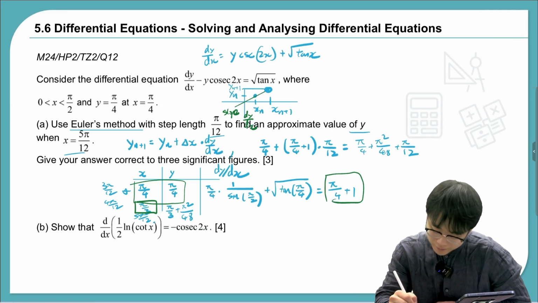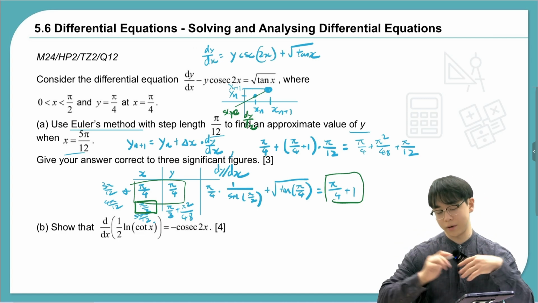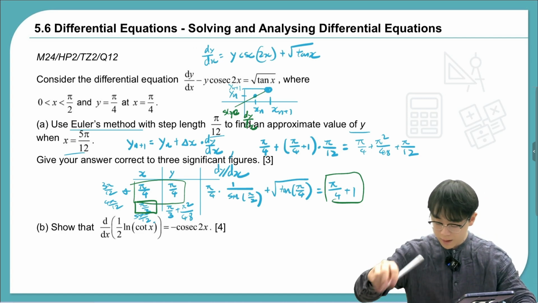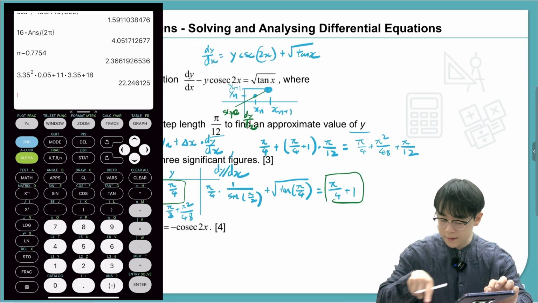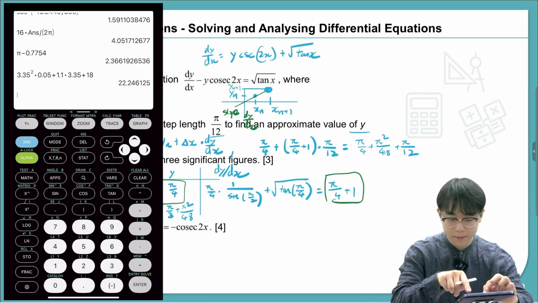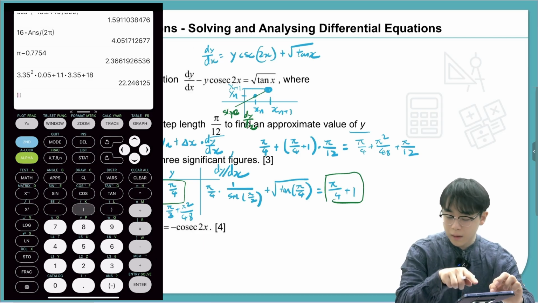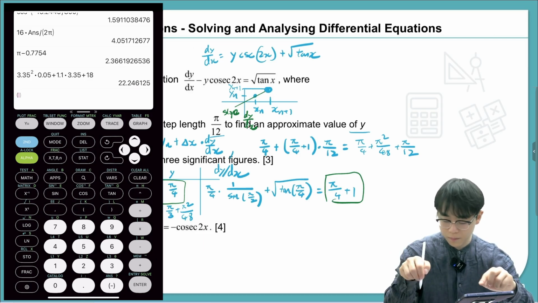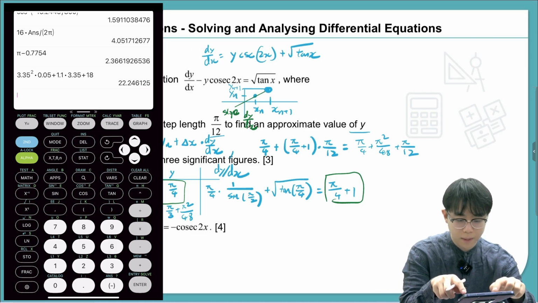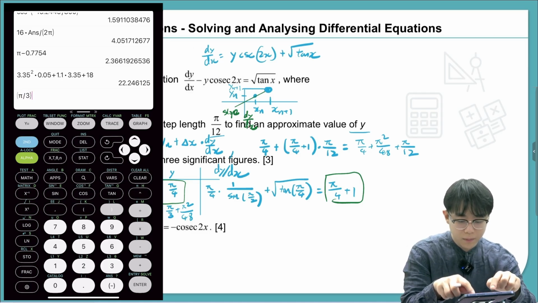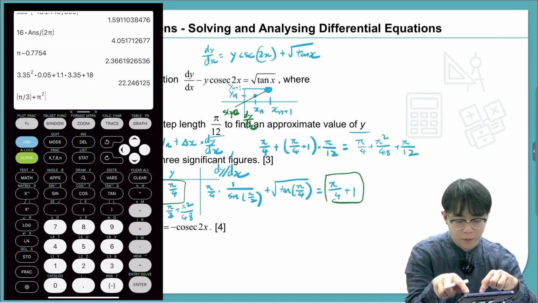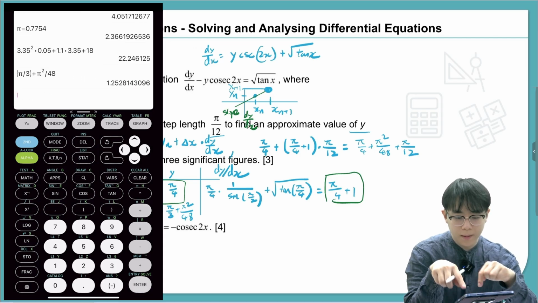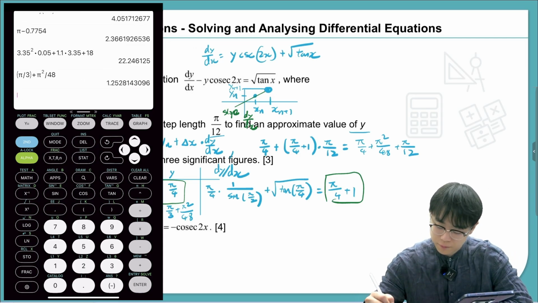Instead of doing this all manually, you can now use your calculator to do this. So our dy over dx is just going to be y. I'm going to write pi over 3, and I'm going to add pi squared over 48 there. So that's like 1.25.